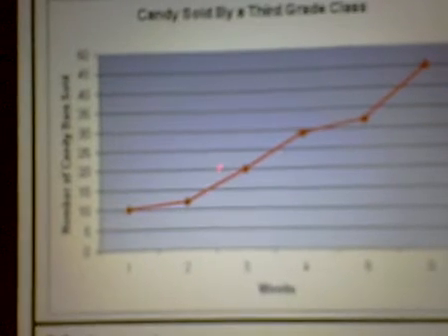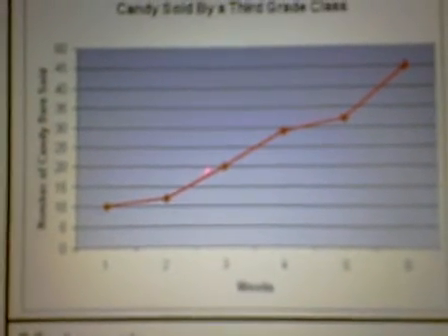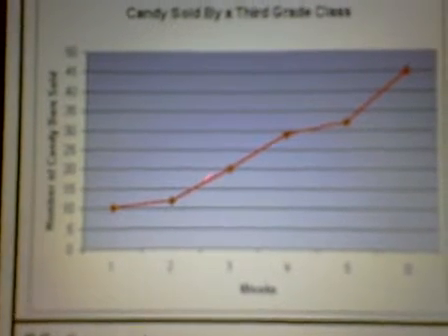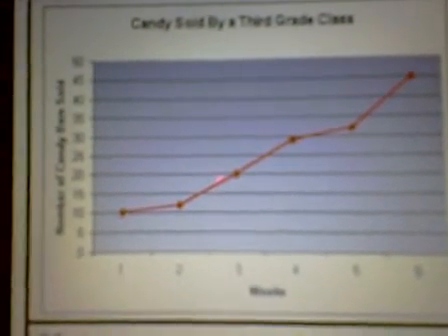This one for week 2 is between 10 and 15. So I can infer that that's probably a little bit above 10. So I can say that one's representative of 11 or 12 candy bars sold. But let's take a look at the questions. We're trying to answer if these statements are true or false.